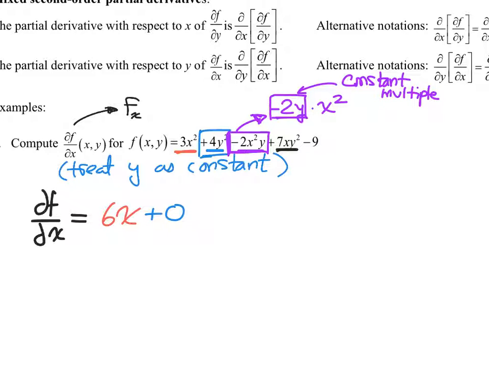That negative 2y might as well be negative 27. Or negative 200 if y was equal to 10. Whatever, it doesn't matter. You're treating it like you would if it were a coefficient. So 2 times negative 2y is going to be negative 4y. Reduce the power of x by 1. So times x to the first power.